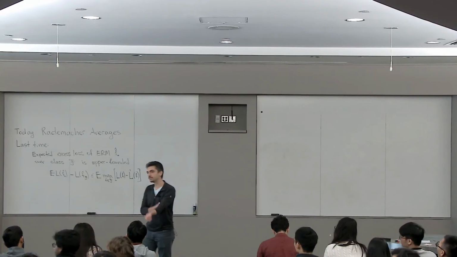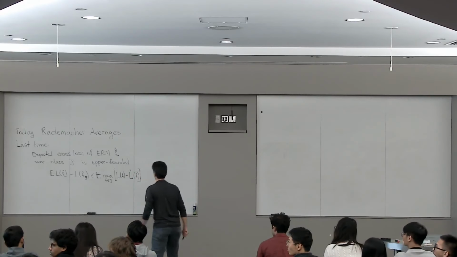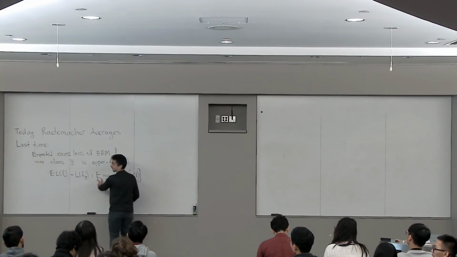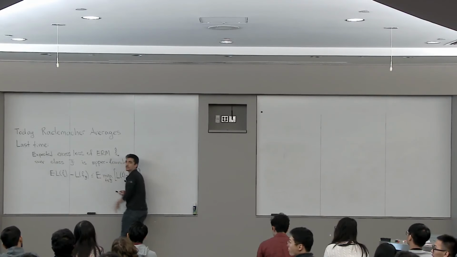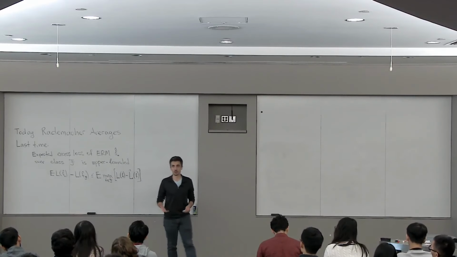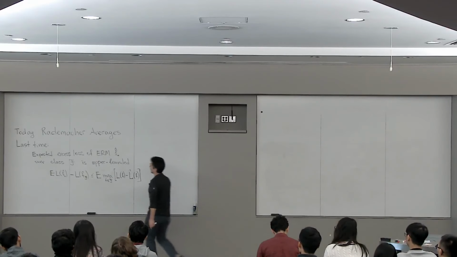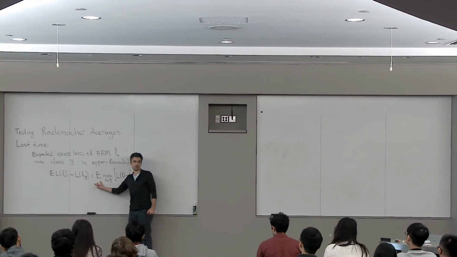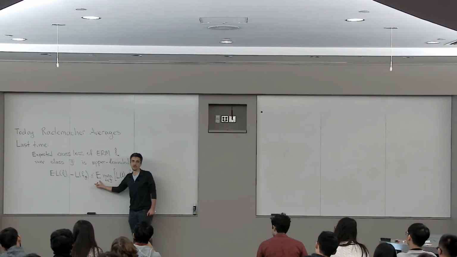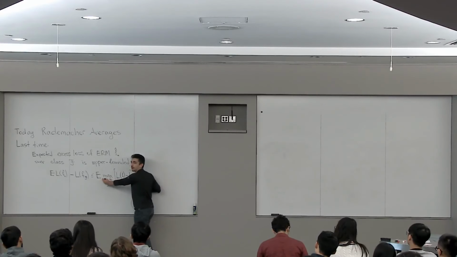Yes? The expectation on the right-hand side is over the sample you're getting? It's over the data, yes, over n pairs. So there's a convention, which is if I just write expectation without anything, then I'm tacitly assuming that it's expectation over everything that's random about this guy.